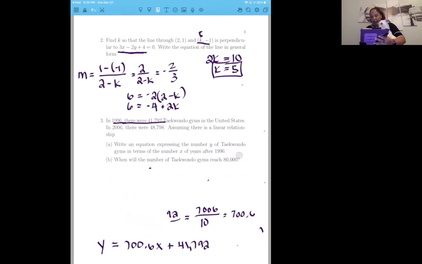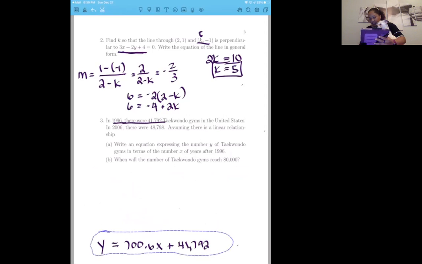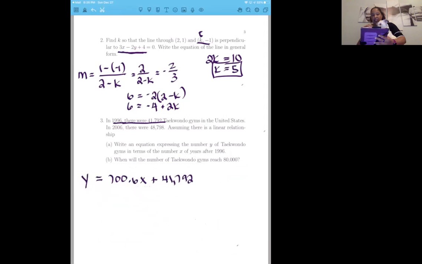And then part B wants us to know when the number of Taekwondo gyms will reach 80,000. So Y is my number of Taekwondo gyms, so I'm going to let 80,000 equal 700.6x plus 41,792.